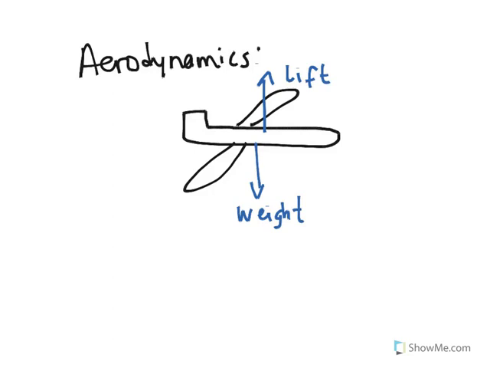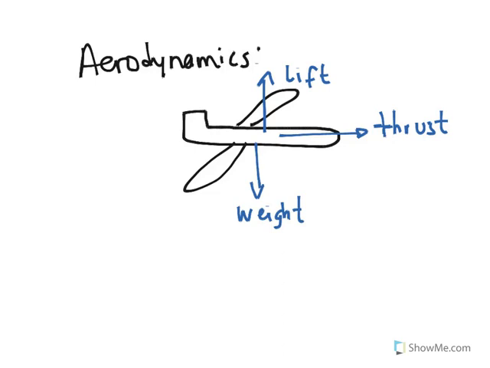This lift force is counterbalanced with the weight, and of course, if the lift is higher than the weight, then the airplane will start to go upwards. In order to generate this lift, we need another force, which is called the thrust of the plane. And the thrust of the plane is generated by any given power machine. It could be a turbine that starts to move the airplane.